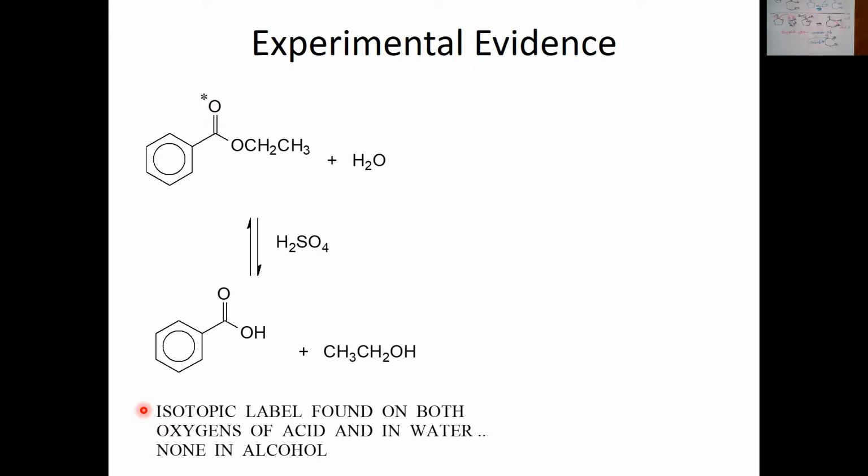There is absolutely none in the alcohol. So this oxygen has to have come from, or has to have been, this oxygen in the beginning, because otherwise it would end up with an O18 label sometimes. The isotopic label is found here and in water. So that tells you that it is a reversible system. Things are going back and forth equilibrium-wise unless you manipulate the conditions to favor only products.